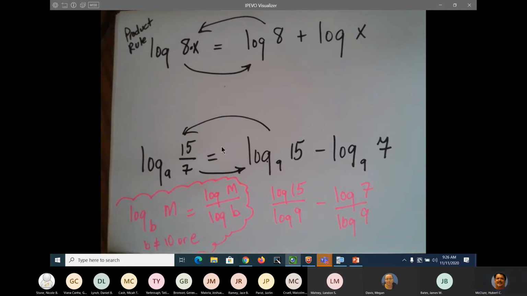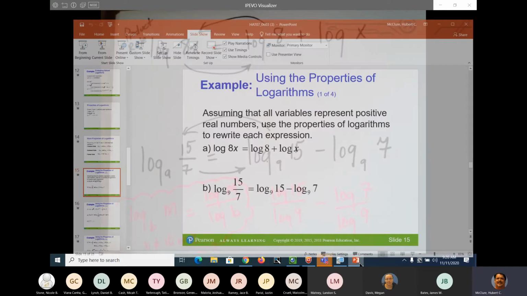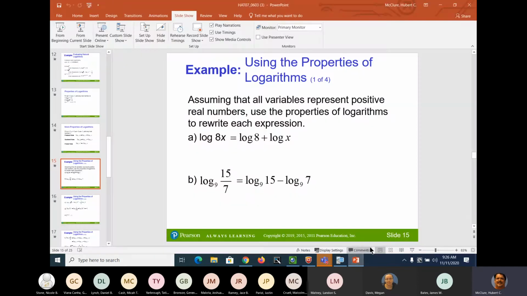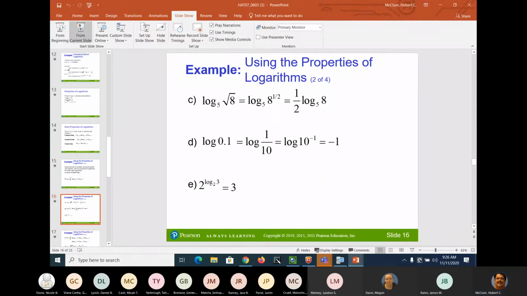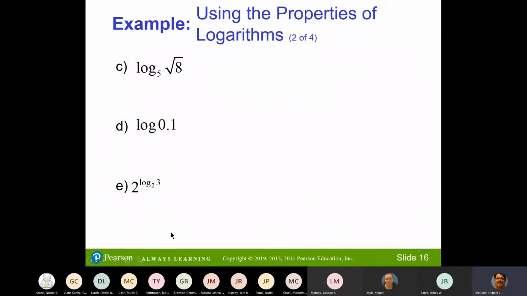Okay? So let's look back and see what the answers are. And there are the two answers. Now they'll give us the properties. There's several more, so let's do this one. I'll write them down and then we'll do them.